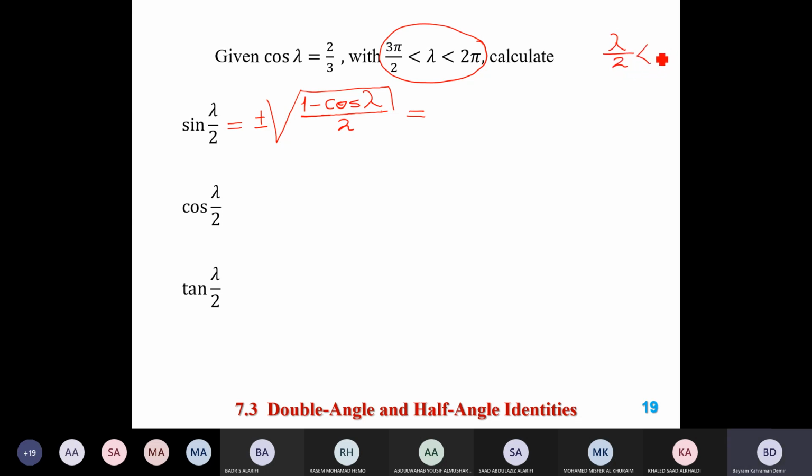Lambda over 2 is less than pi, and greater than 3 pi over 4. So what did I do, everybody? I divided by 2, right? I divided each side of the inequality by 2, right? So now tell me, where is the lambda over 2, Shabab?